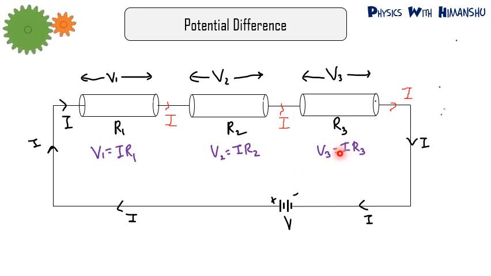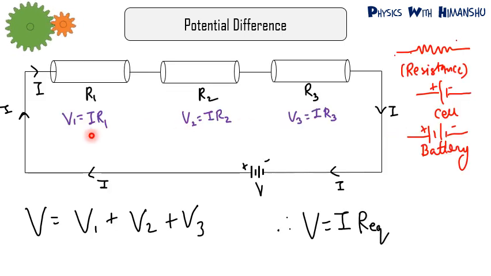So remember, when resistors are connected in series, the current through all of them will be the same. And the second thing is that the total increase in potential will be equal to the total decrease in potential. The total increase in potential is V and the total decrease is V1 plus V2 plus V3, where V1 is IR1, V2 is IR2 and V3 is IR3.